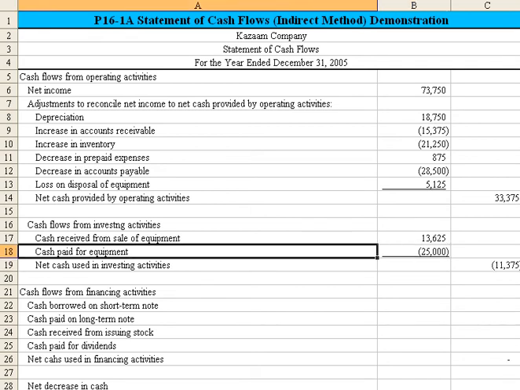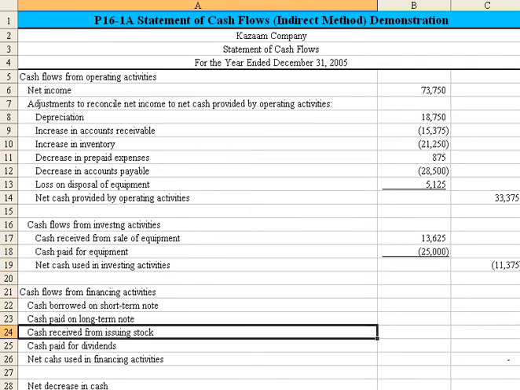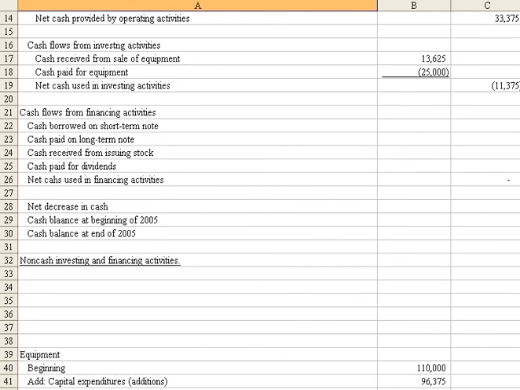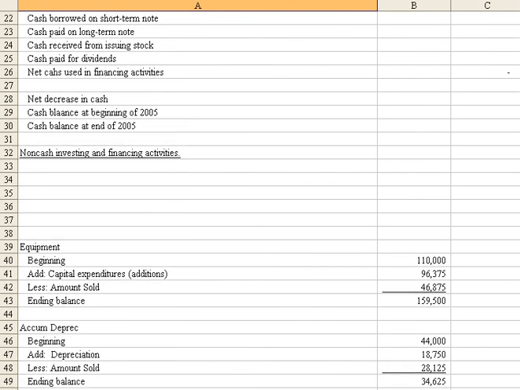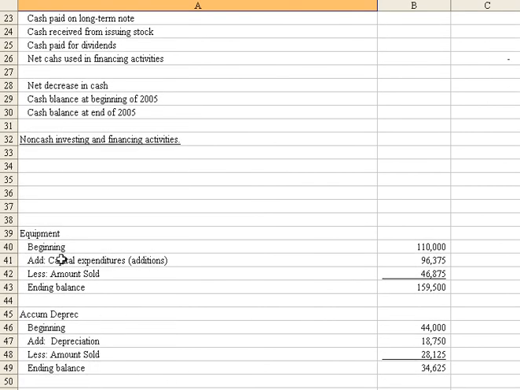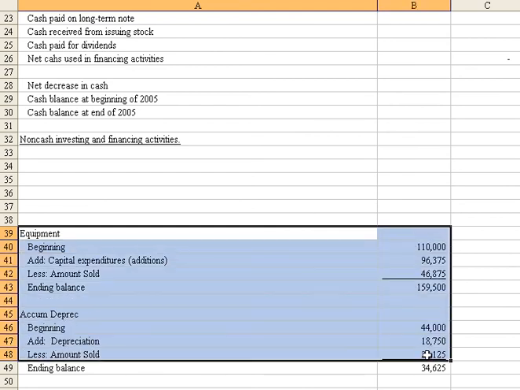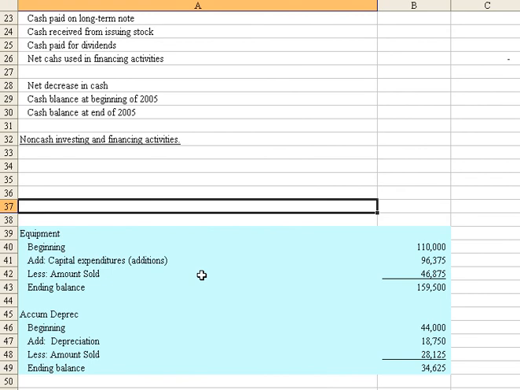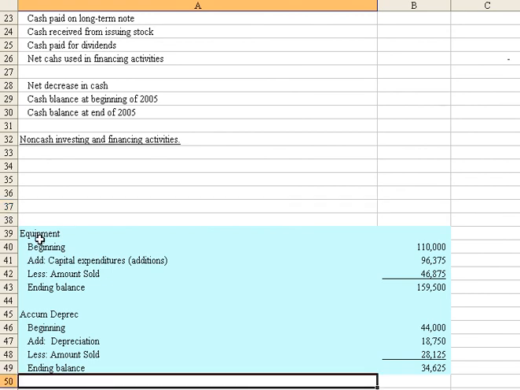Okay, now again, I've done a little bit of work ahead. I've put together a small little schedule down below. Let's go take a look at that, where I've done just a quick reconciliation to make sure we've accounted for all the change. And again, I'll put this little reconciliation in a slight color so we know that that's not part of the formal statement.